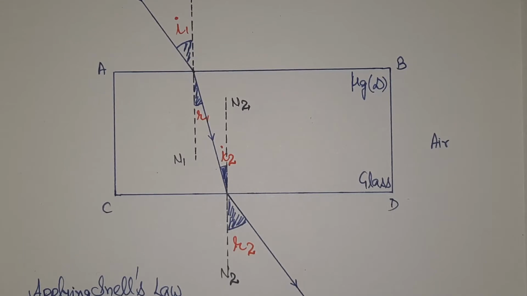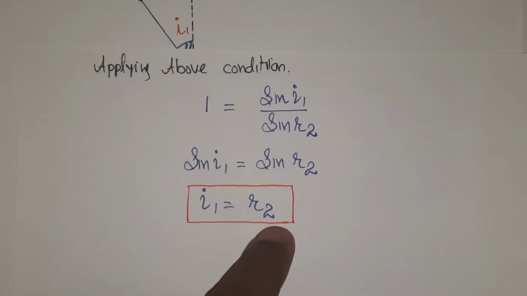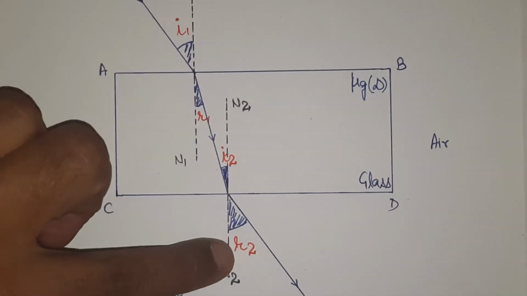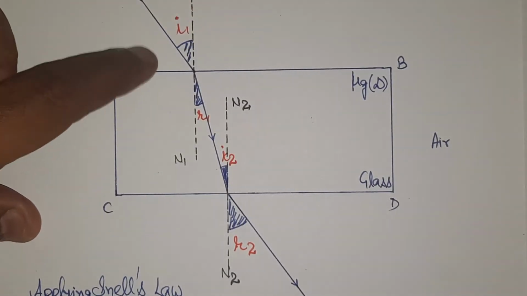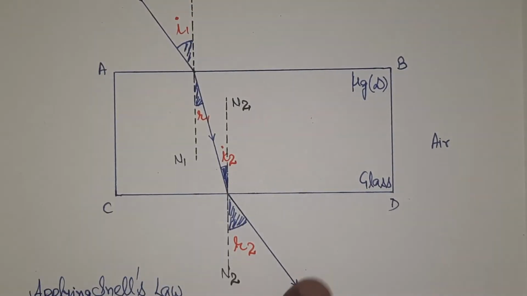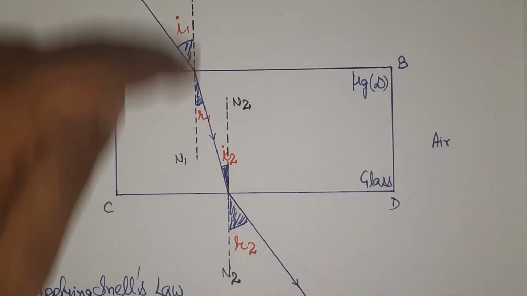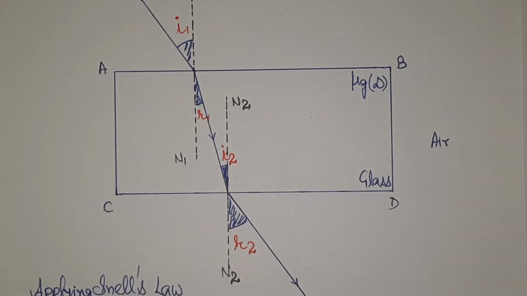Concentrate on the ray diagram again. I1 is equal to R2. I1 is the angle the incident ray makes with the normal and R2 is the angle the emergent ray makes with the normal. As both the normals are parallel, the incident ray and emergent ray should also be parallel.